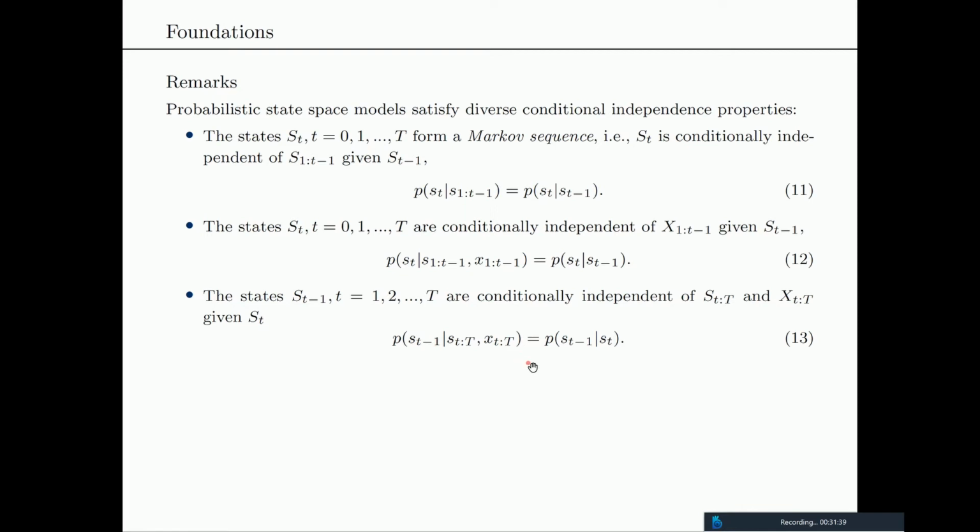Based on reformulating this and using only the conditional independence properties that are in the definition of the state space model, one can show that s_{t-1} is independent of everything given s_t.